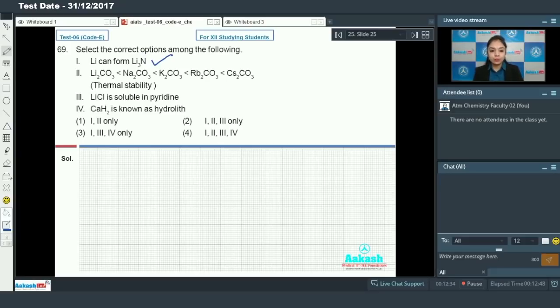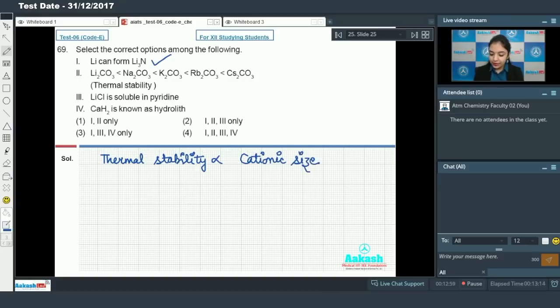Now we have the second statement in which we have the order of various carbonates of alkali metals, and we have to find out the thermal stability order. So for carbonates of alkali metals, the thermal stability is directly proportional to the cationic size.